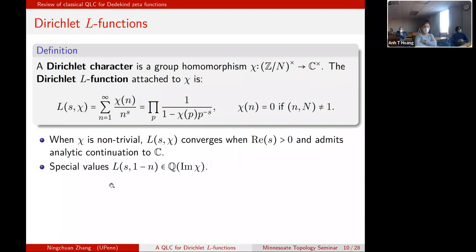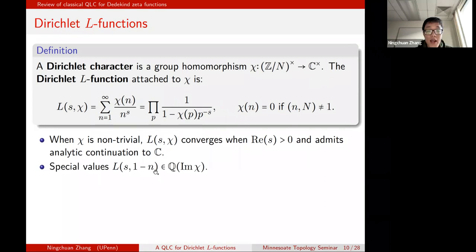And in this case, special values at negative integers, sorry, this is a typo. This should be L(1 minus n, chi), not this. At negative integers, the values of the Dirichlet L-function are not necessarily rational numbers. Rather, they are in the extension of the rationals by the images of chi.